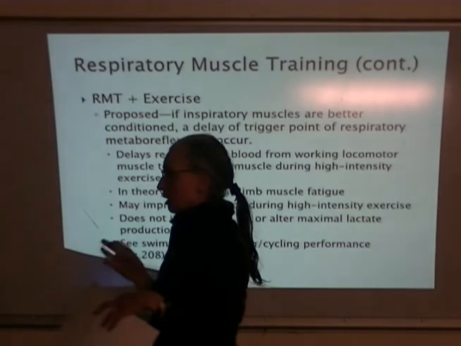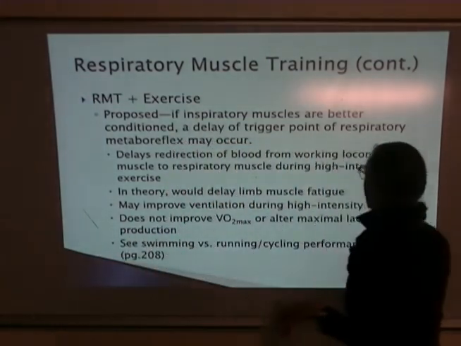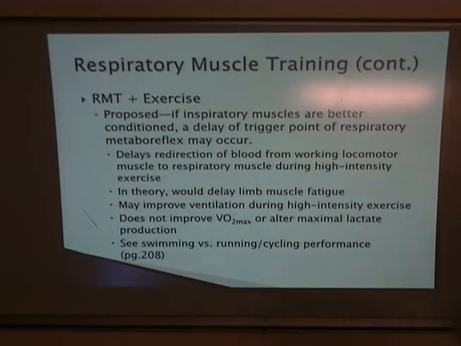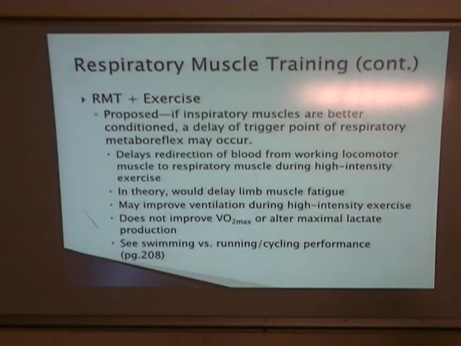One of the mechanisms that they think is playing a role here is what they call the metaboreflex. So the metaboreflex occurs at around 85 to 90% of VO2 max. And what happens is the sympathetic nervous system stimulation of the respiratory muscles, when you're at that level of work, is basically plateaued. It's at its highest point.